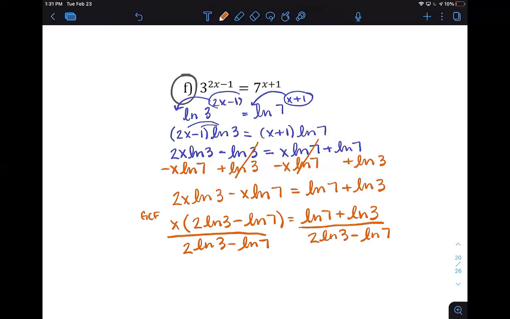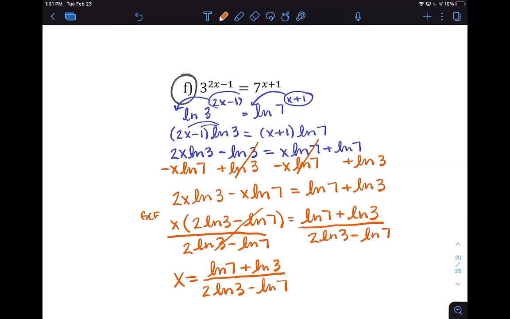So if we do that, we're left with x equals the natural log of 7 plus the natural log of 3 divided by 2 natural log of 3 minus the natural log of 7. Questions with that?